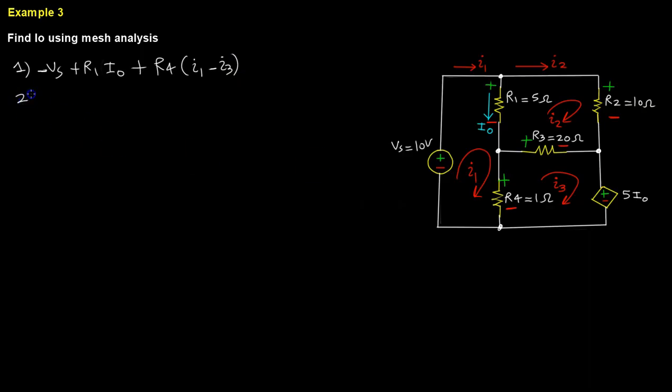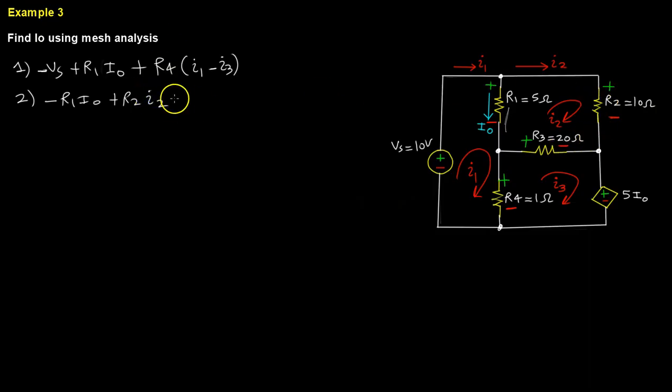Let's write the equation for the second mesh, and let's start here by the minus side of R1. So I'm going to say minus R1 I0. Then I see the plus sign of I2, that is the mesh current I2.